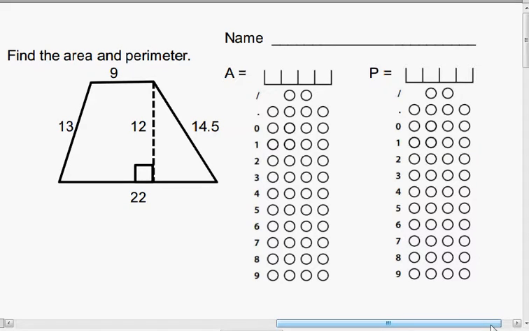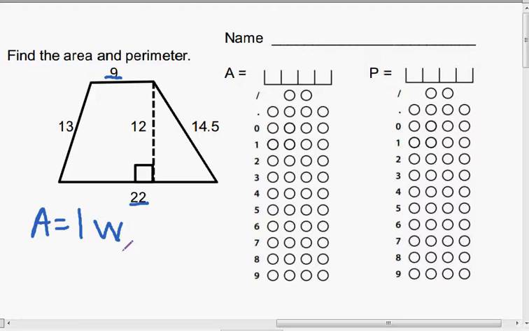I'm going to start off with the area. Area equals length times width, the same as the rectangle, except that I have two different lengths. I need to take the average of those two. So area equals length times width.